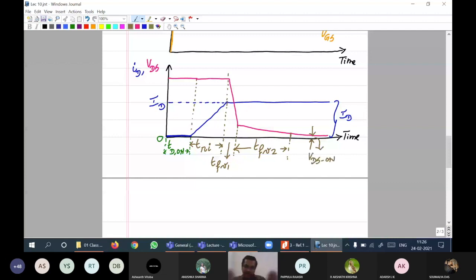So the total turn on time interval is given by, I will write that as Ton. Ton equals, you need to add all these time intervals: TD on, delay time on, not capital D here, small d, TD on, plus TRI plus TFV1 plus TFV2.